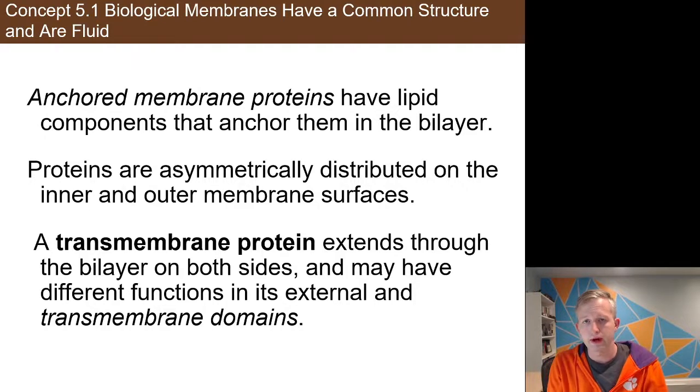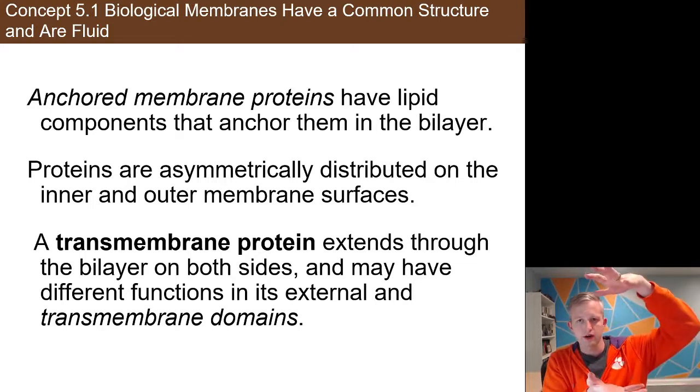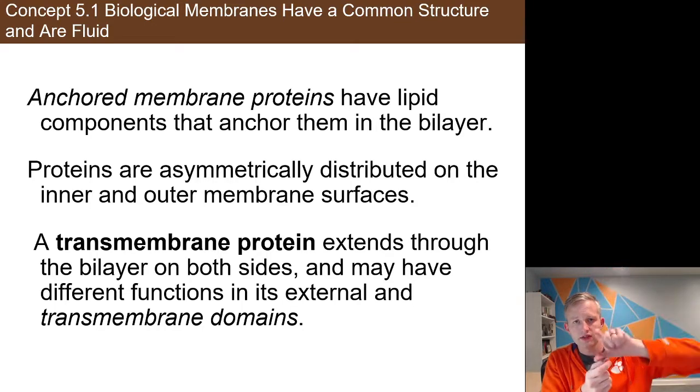A transmembrane protein then would be the third type. Imagine you have a protein here in front of me, and where my hands are would be the hydrophilic amino acids, and then somewhere in the middle you'd have a stretch of hydrophobic amino acids.